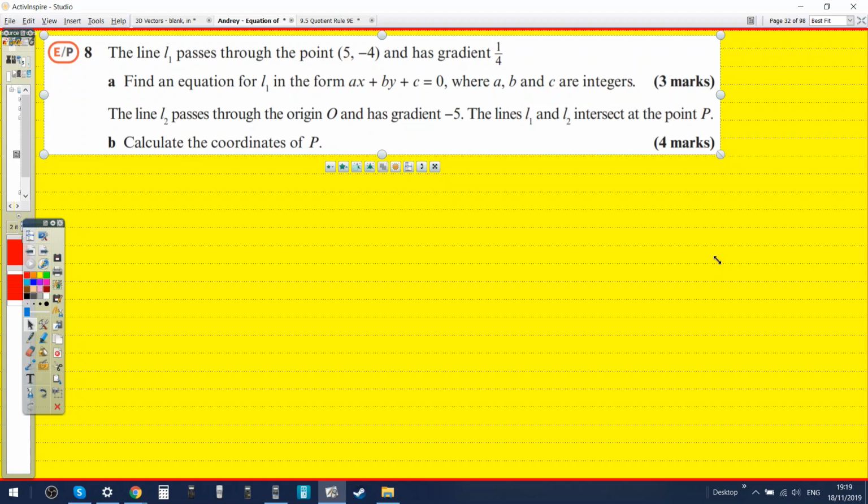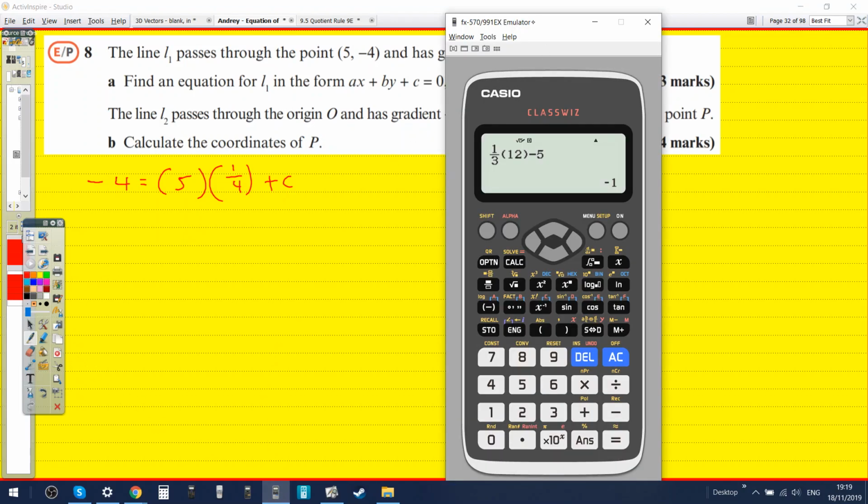So do I need to sub in 5, minus 4 and a quarter into y equals mx plus c? So minus 4 equals 5 times a quarter plus c. And so I put this into my calculator.